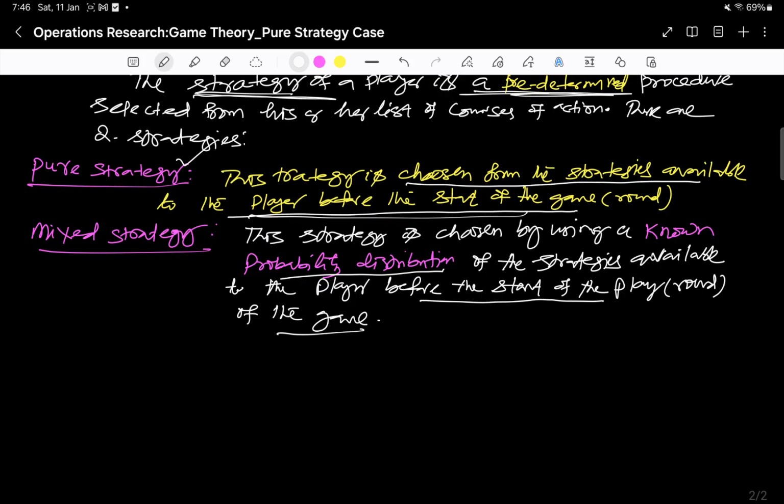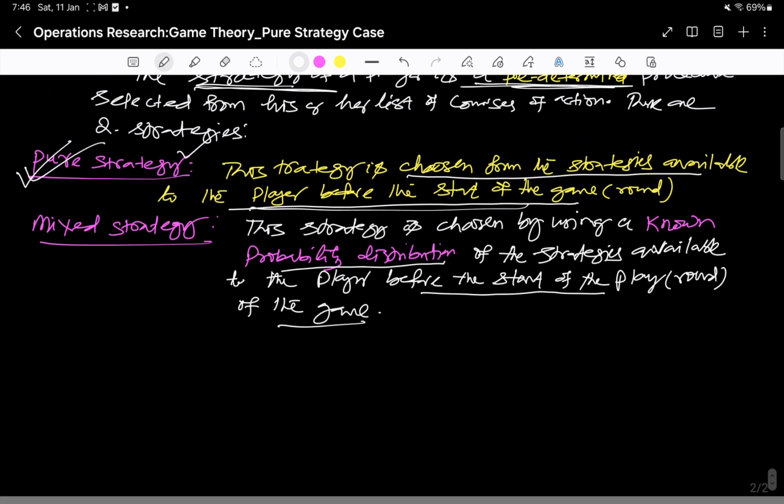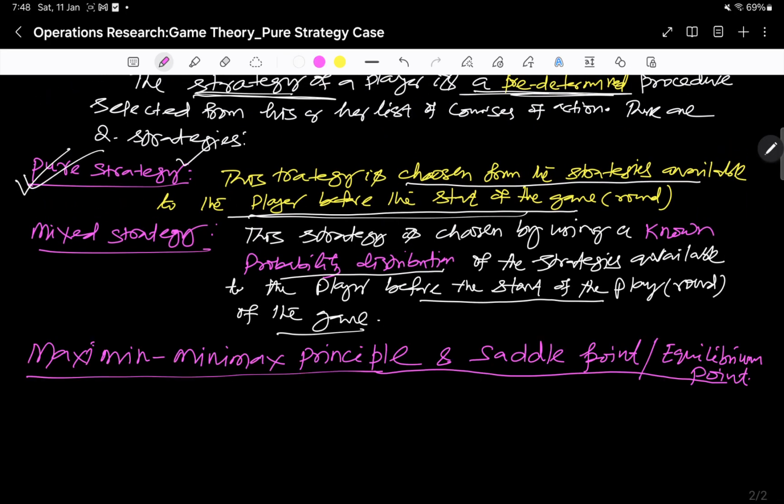So in this lecture we will discuss the pure strategy case, and the solution to the problem is based on the Maximin and Minimax criteria. So let me write that. Now coming to the Maximin and Minimax principle. Basically this principle is used to solve the problem for the pure strategy case, and for the saddle point or equilibrium point.